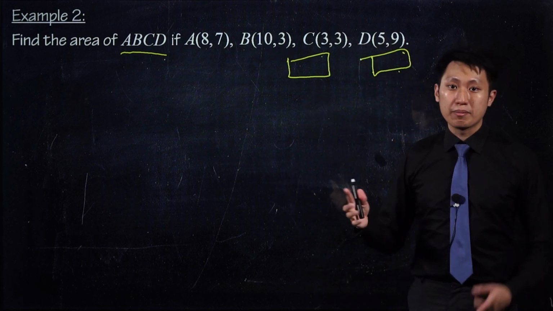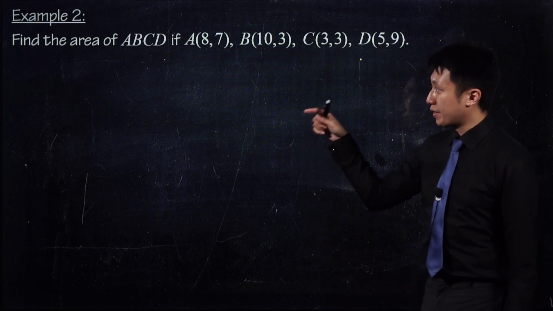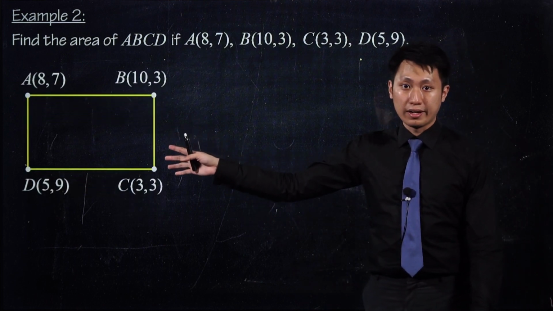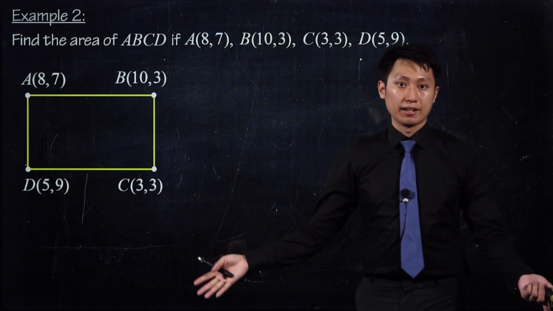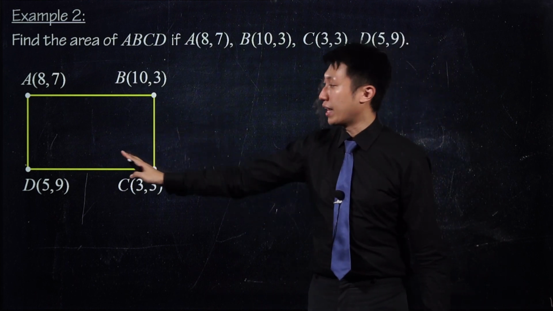It could be a parallelogram. For simplicity, I'll just draw something like this one. It doesn't hurt. You just want to have a rough idea of what is happening here.